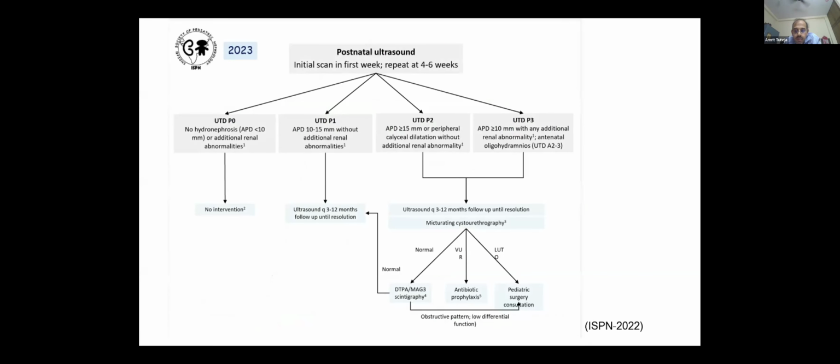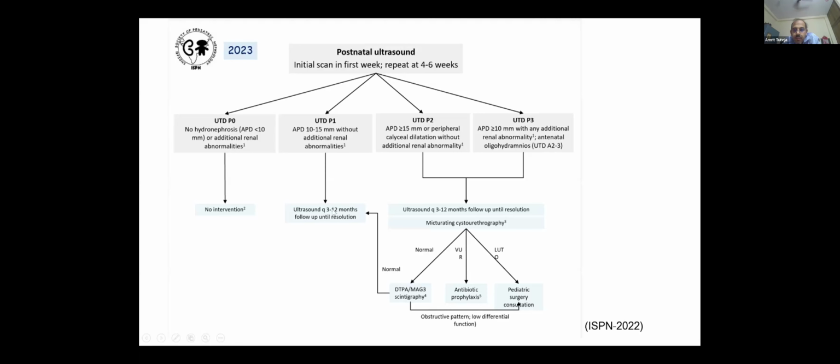This 2022, the pediatric nephrology group has come up with a new flow chart. Anyway, we have to do a repeat scan at 4 to 6 weeks. If the diameter is less than 10 mm at 4 to 6 weeks, then no intervention is required. If it is 10 to 15, then continue monitoring.